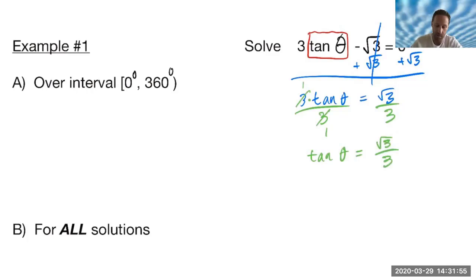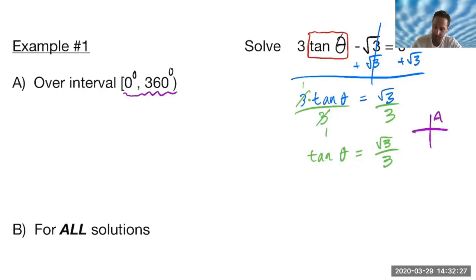And if you remember, this is stuff that we've talked about many times before. Basically, what we're trying to do now is figure out what angle theta for tangent gives us root 3 over 3. Now, the problem is, unlike the previous section where it was the inverse, we only wanted one answer. This time they're asking us to give everything from 0 all the way to 360. Notice including 0 with the bracket, excluding 360, because they are the same point.